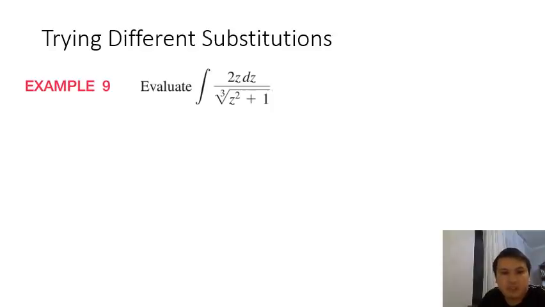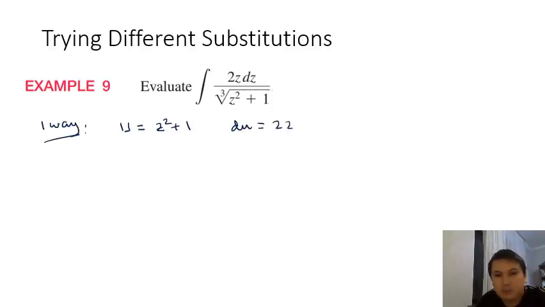So the first way, let me try something like u is equal to z squared plus 1. Then what is my du? du is 2z dz. Well, it looks like I'm on the correct direction, right? Because this 2z dz is already appearing on the top.